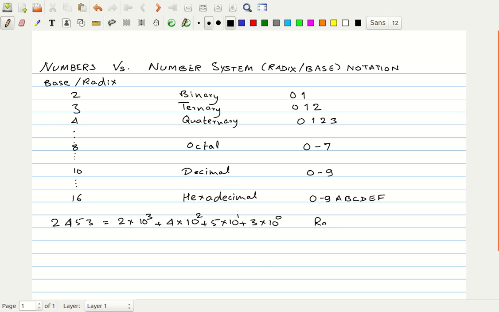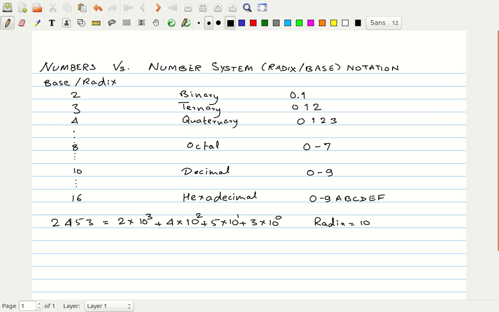Our base or radix is equal to 10, but we could represent any number in any other base which is a positive integer greater than 1. For example, if we have a base of 2, then we have what we call a binary number system. Whenever we have any base, we need that many symbols.